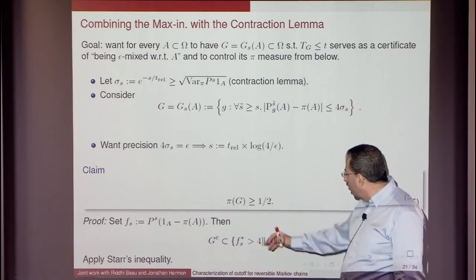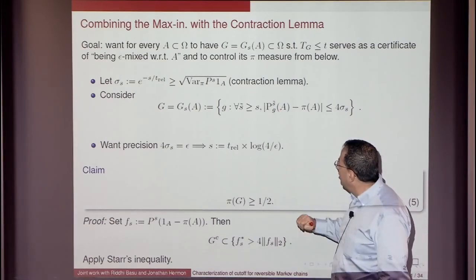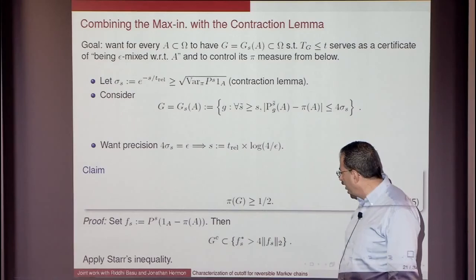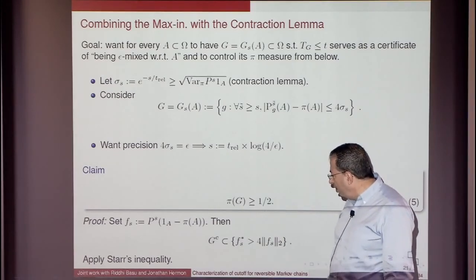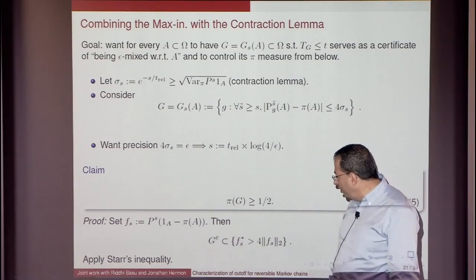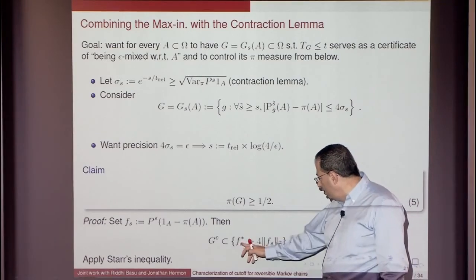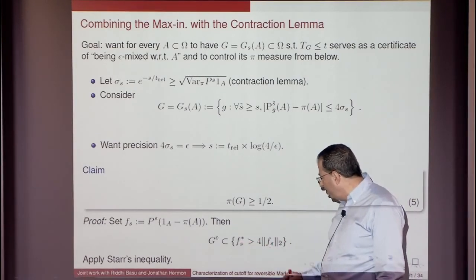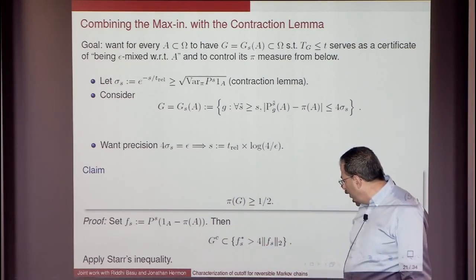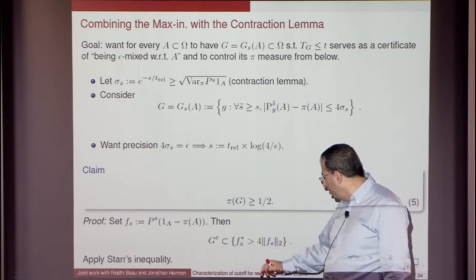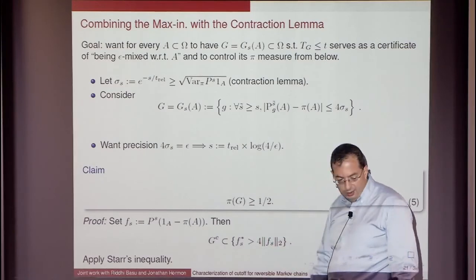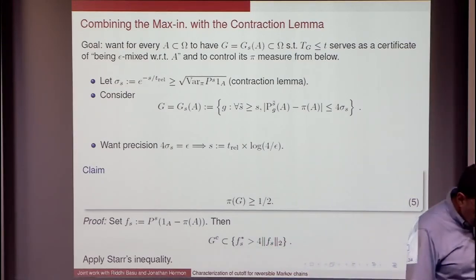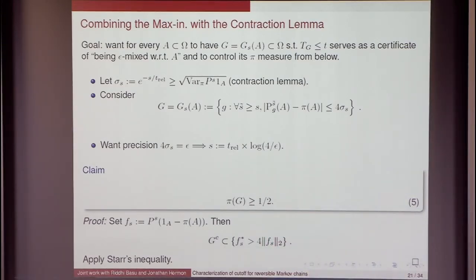That just follows from the definition, where we have this maximization for all s tilde bigger than s. And then Stein's inequality tells us, first of all, use Markov's inequality to say the probability of this is bounded by the norm squared of this divided by this squared, and you get the bound. So the probability of G complement is even less than a quarter here.